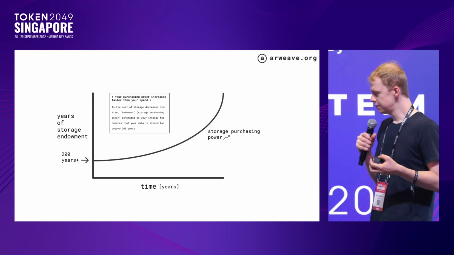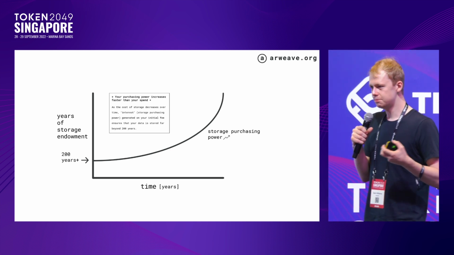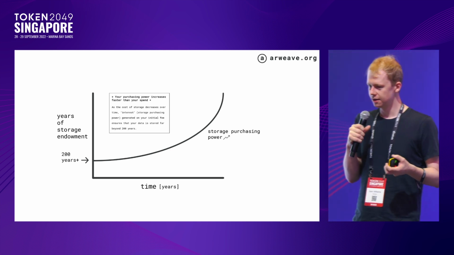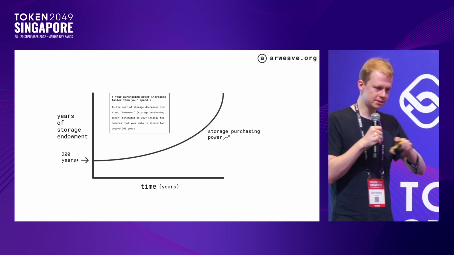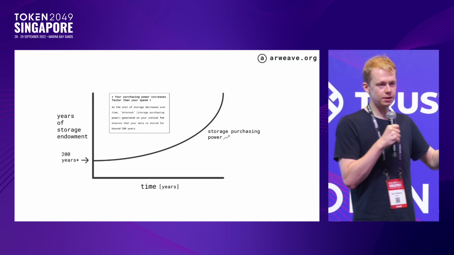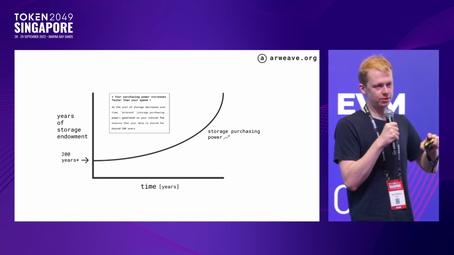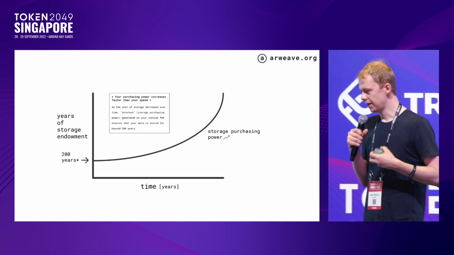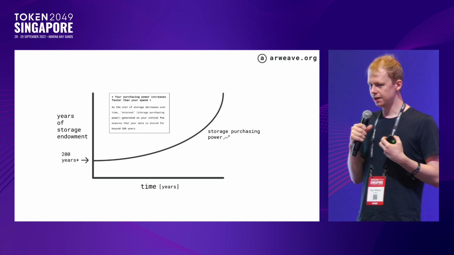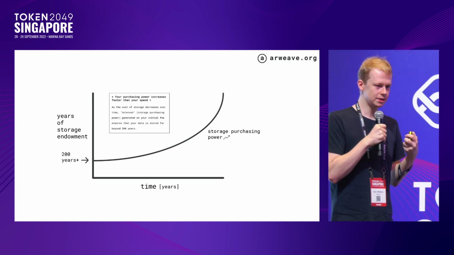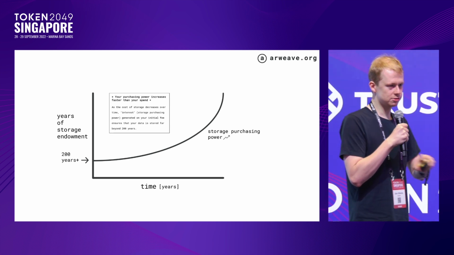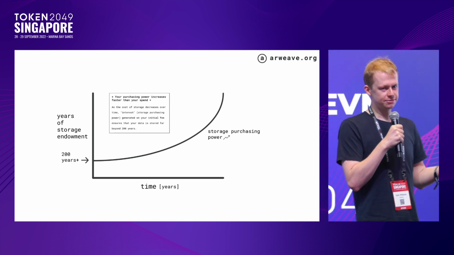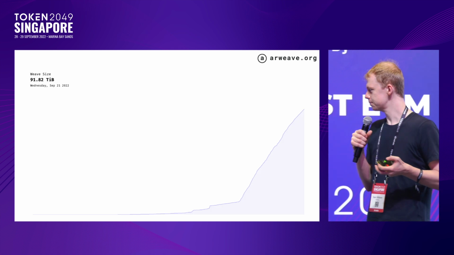Okay, so what we do with Arweave is we say 30% is pretty robust. Let's build a system that will be stable as long as that rate stays above 0.5%, which is approximately a 60x margin of error. And the idea there is that we really want to build a system that is reliably robust over an extremely long period of time in many different economic situations.